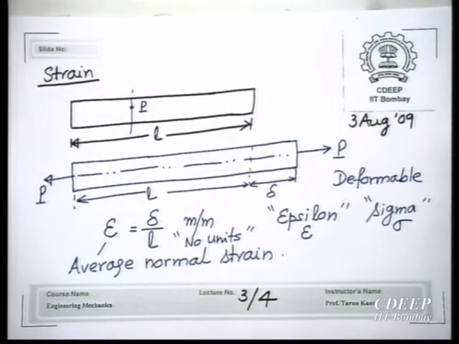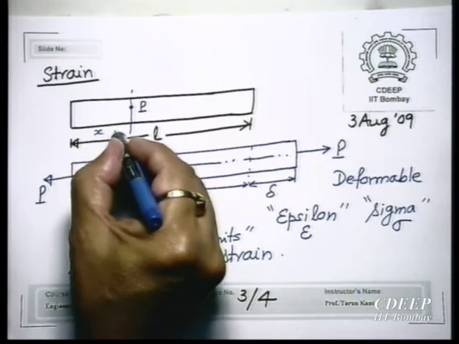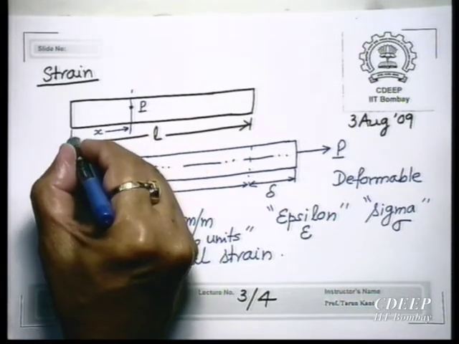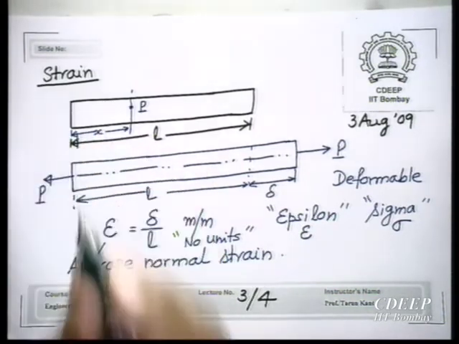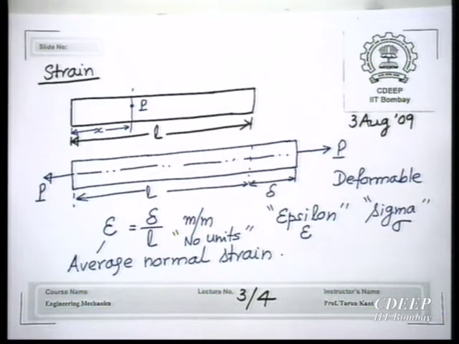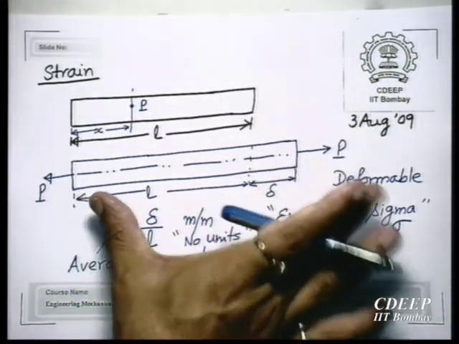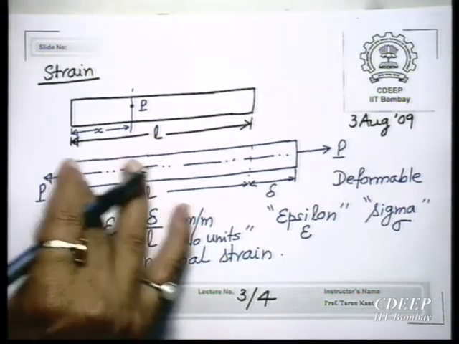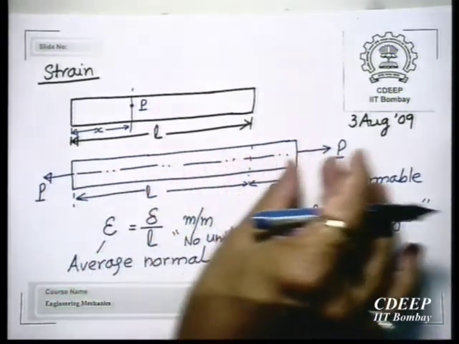This is a very crude definition that I have given you, the total change in length divided by the original length, but all the particles are moving, so this is the cumulative.